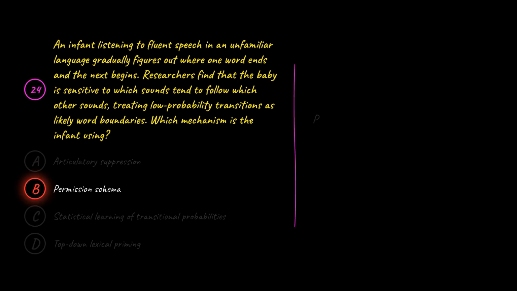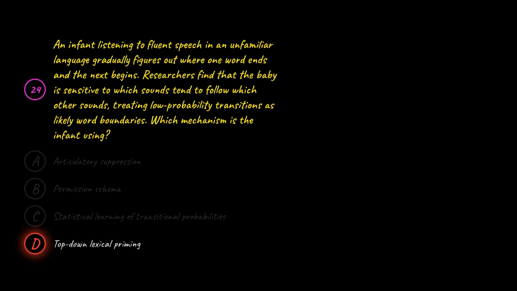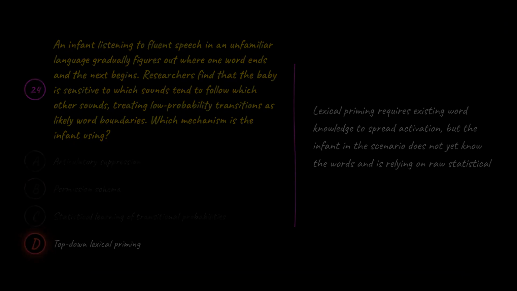B is wrong because permission schemas are reasoning structures applied to conditional rules in tasks like the Wason card problem, unrelated to speech parsing. D is wrong because lexical priming requires existing word knowledge to spread activation, but the infant in the scenario does not yet know the words and is relying on raw statistical regularity.